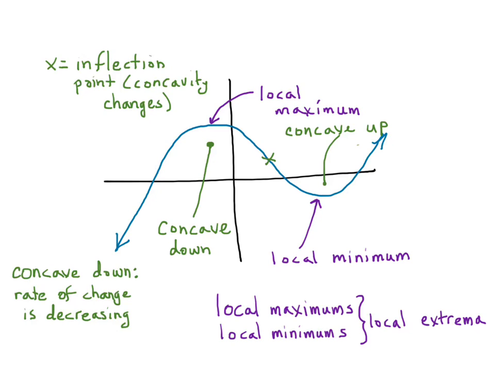So it's possible to have either an increasing or a decreasing function where the rate of change is either increasing or decreasing. So in the four cases, here's an increasing function where the rate of change is increasing. Here's a function that's increasing where the rate of change is decreasing. Okay, so those perhaps are a little bit straightforward.